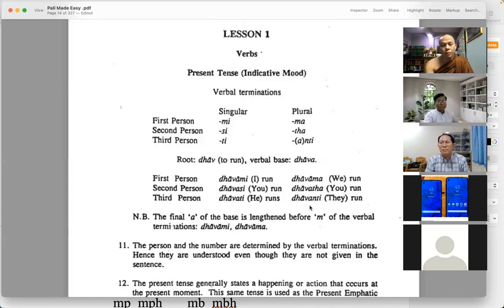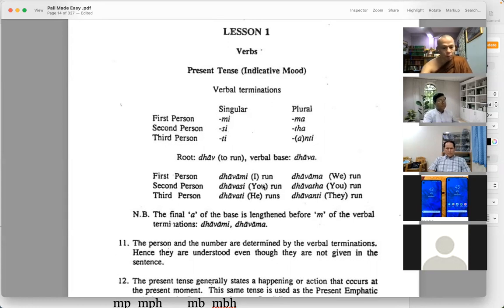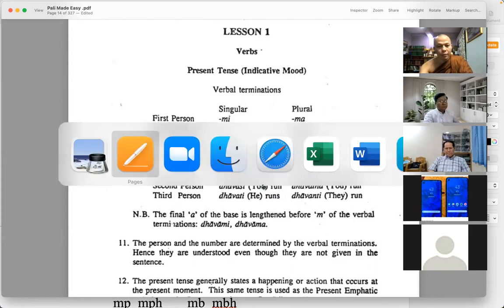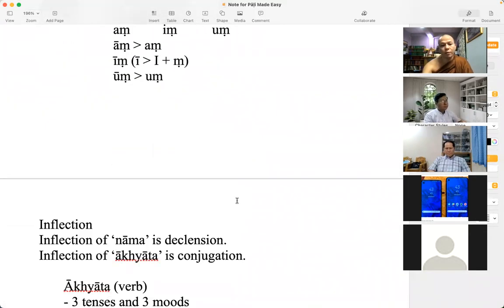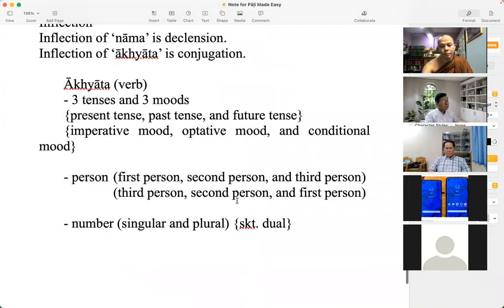In Pali, to learn the verb, at the very beginning we need to know how the verb is formed in Pali. That is very important.